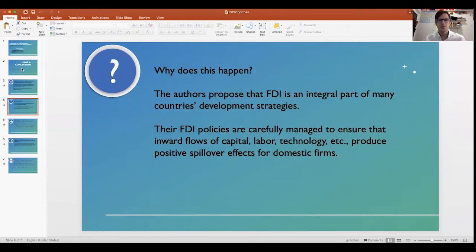Why does this happen? The authors propose that FDI is an integral part of many countries' development strategies. Their strategies for taking in foreign direct investment are created by policies that are carefully managed to ensure that inward flows of capital, labor, technology, and everything else associated with FDI produce positive spillover effects for domestic firms.